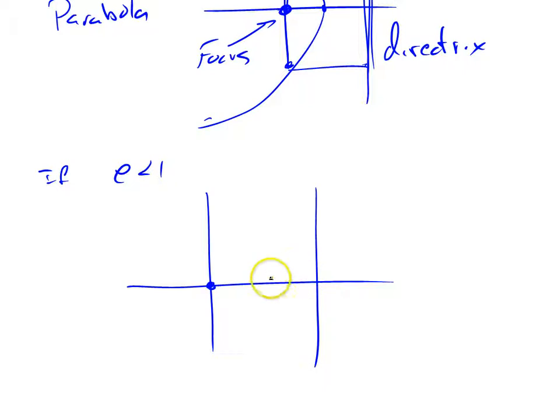If e is less than 1, it means the numerator is smaller than the denominator, so this distance is going to be less than that distance. I am going to get an ellipse, I believe. Of course, e is positive as well because we're talking lengths here. It turns out that the set of points that you get looks more like an ellipse.